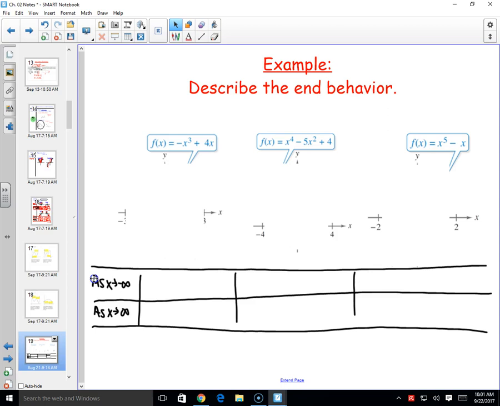y approaches and then his x approaches. I thought it looked like this one. I mean, I'll take this address.